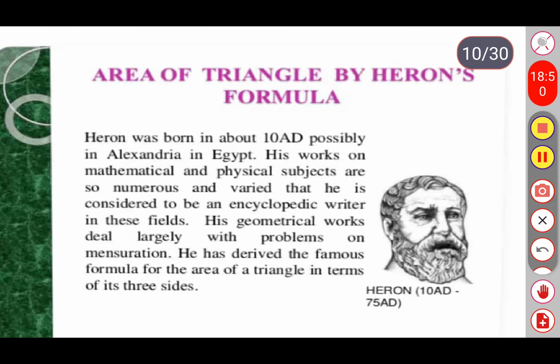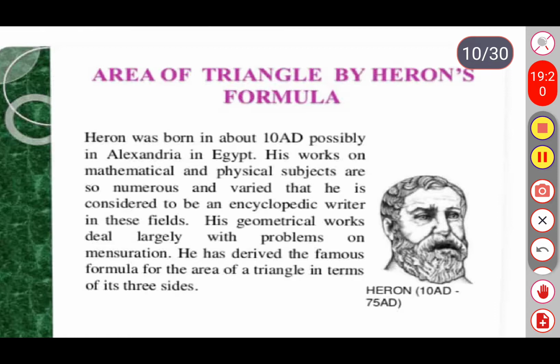What happens in a right angle triangle? In a right angle triangle, we already know the base and height. So directly by substituting base and height in the formula half into base into height, we can easily calculate the area of the triangle. But if three sides are given, how are you going to calculate the area of a scalene triangle? Scalene triangle means all three sides are different, right?